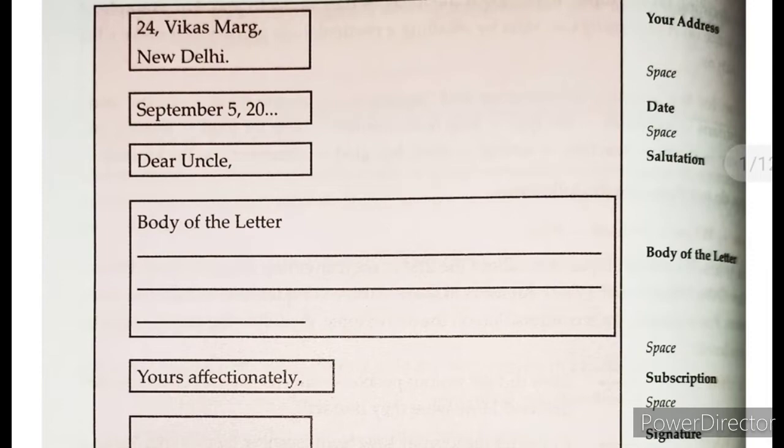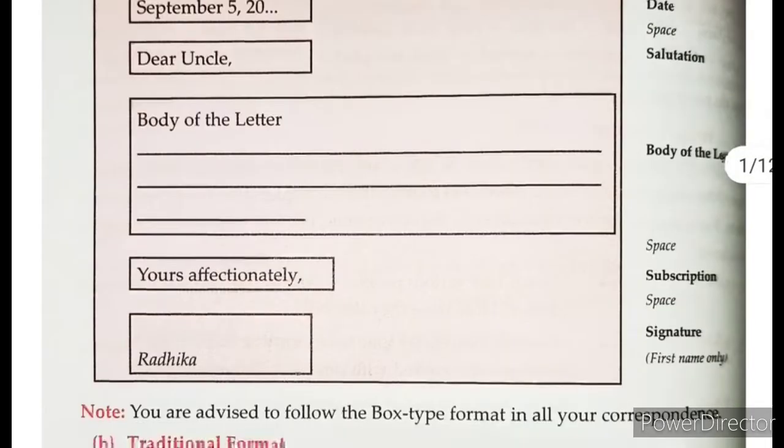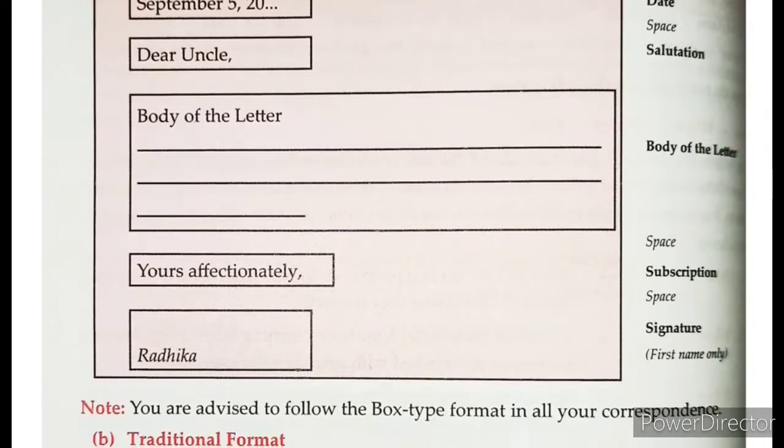So when the body of the letter gets over, then yours affectionately, that's called the subscription, and then put a comma, and then below that just write your first name. When it is a personal letter, you must only write your first name. So here the writer is Radhika, so she has written Radhika.